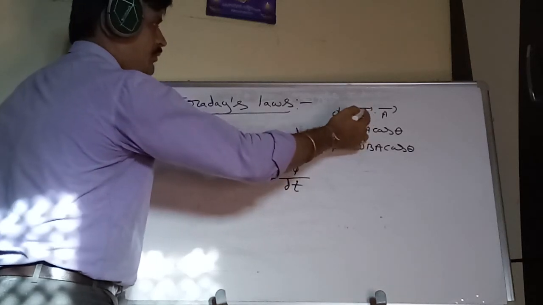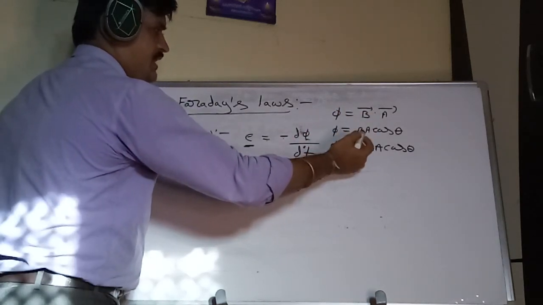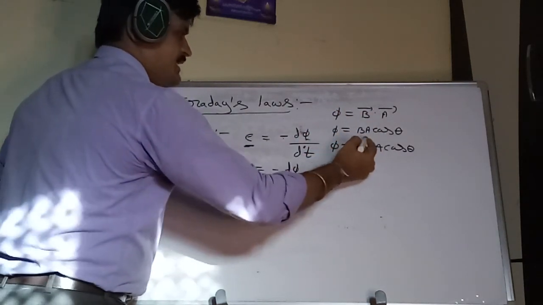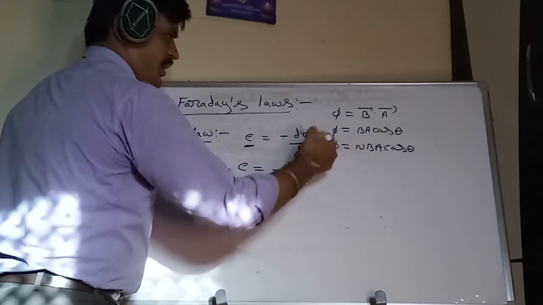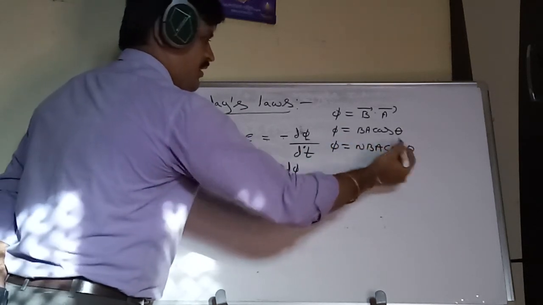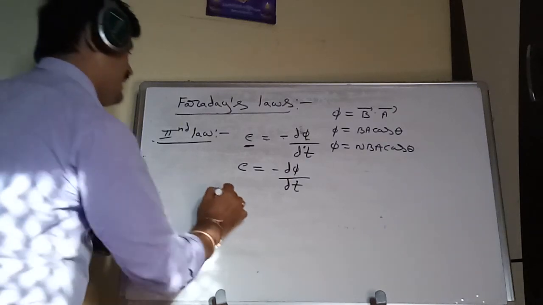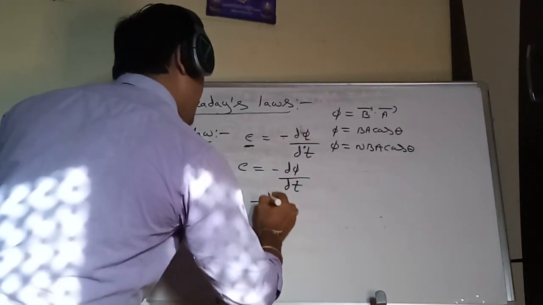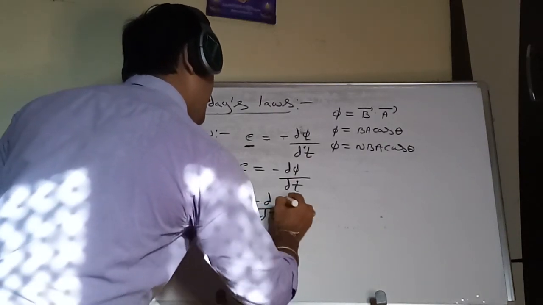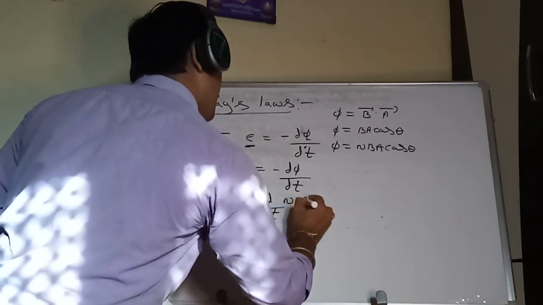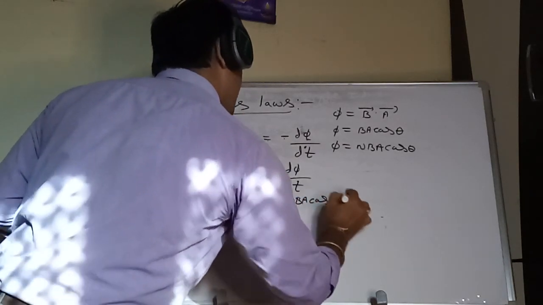So here E is equal to minus d by dt of NBA cos theta.